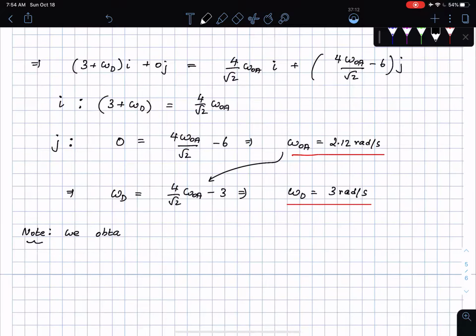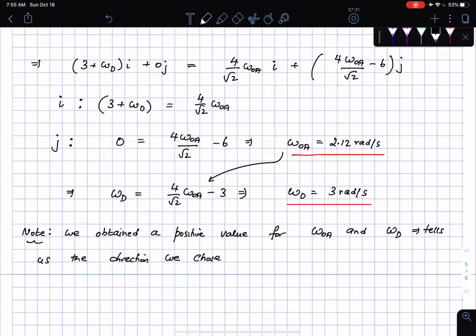We obtained a positive value for omega OA and omega disk, which tells us the direction we chose for omega of the disk and omega OA was correct.